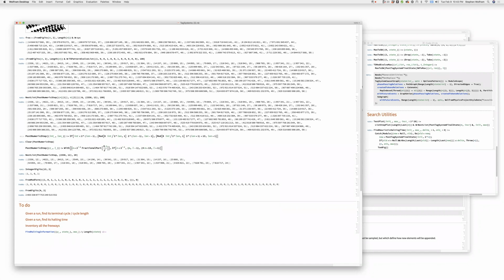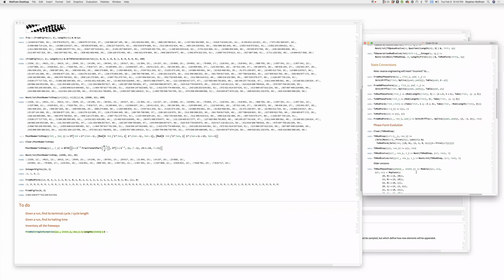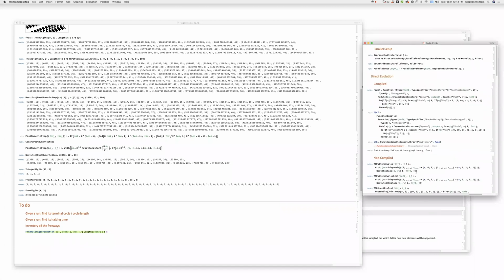No, 3. Well, length of state is less than 3. Okay, so then we're going to write this explicitly. Do you see what I'm saying? We're going to figure out exactly what we want.